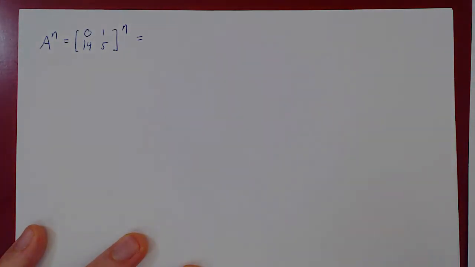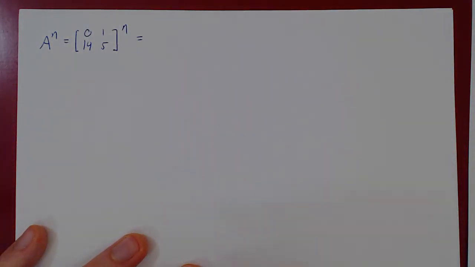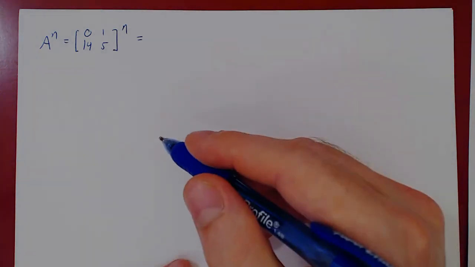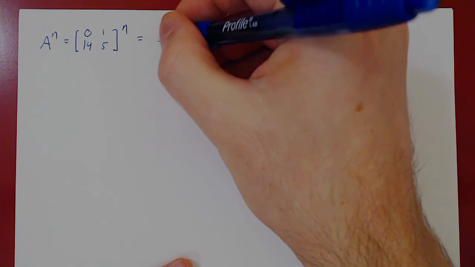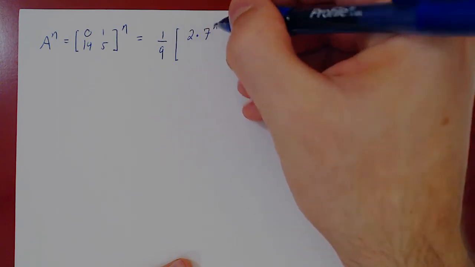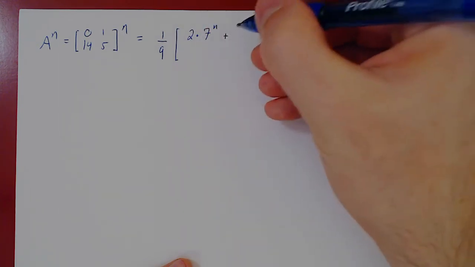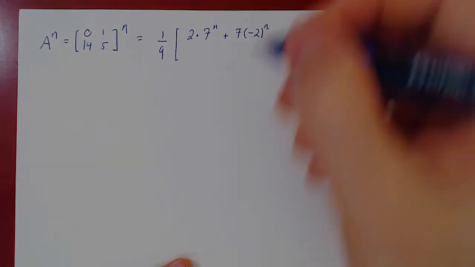And again, you know from the previous video that you can find the formula for the nth power of a 2 by 2 matrix using your knowledge of eigenvalues and eigenvectors. And if you do so, you should get the matrix 1 over 9 times 2 times 7 to the n plus 7 times negative 2 to the n.